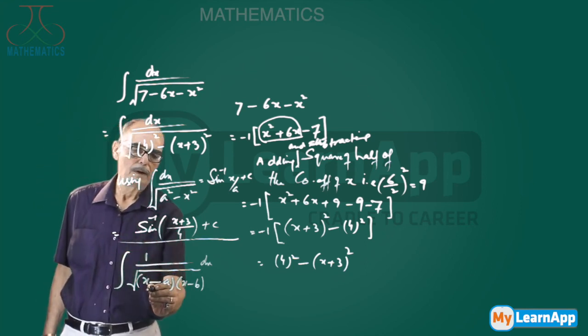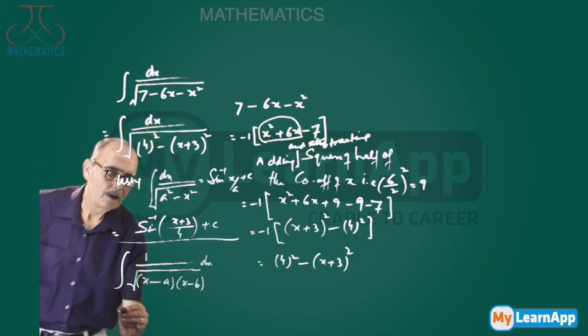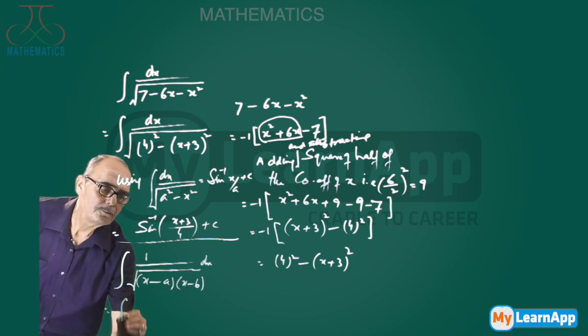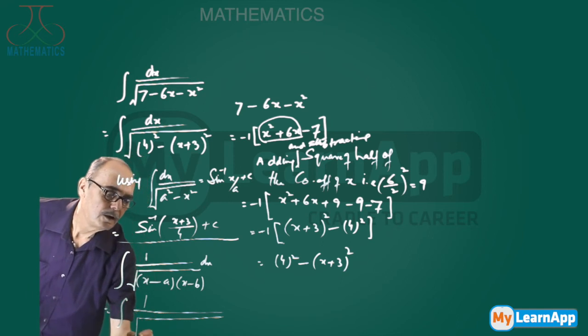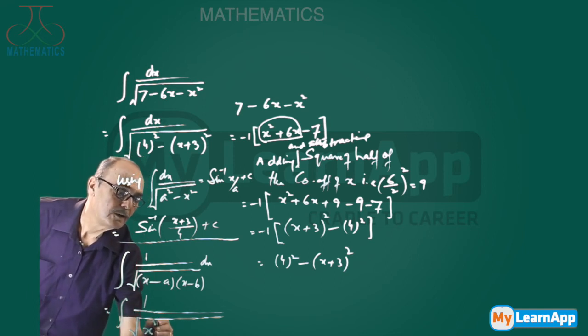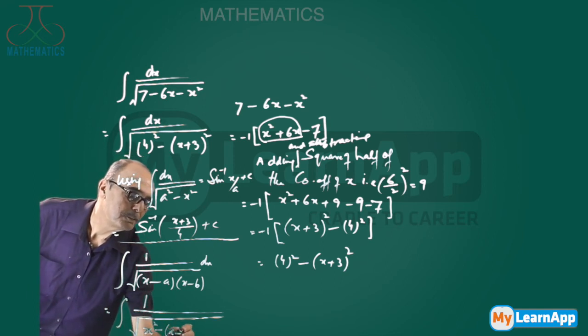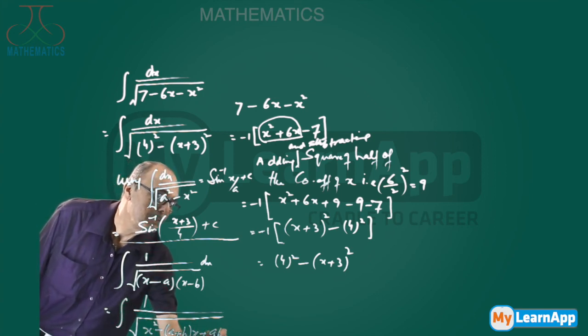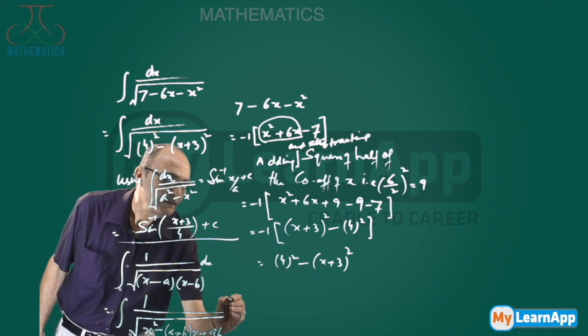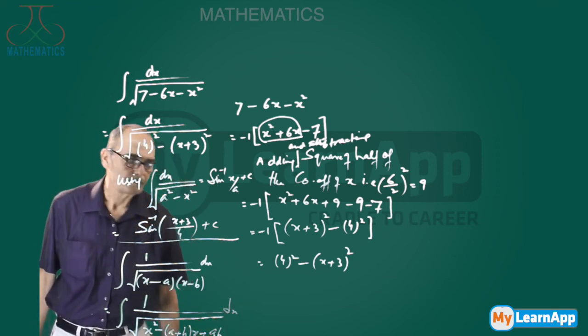So we multiply it and becomes integral 1 upon root x square minus a plus b into x plus ab, and of course d of x.